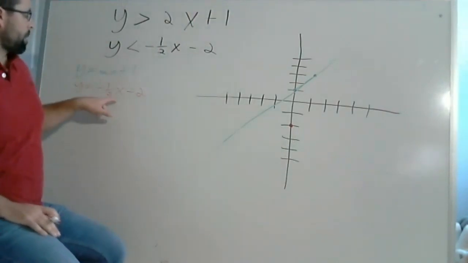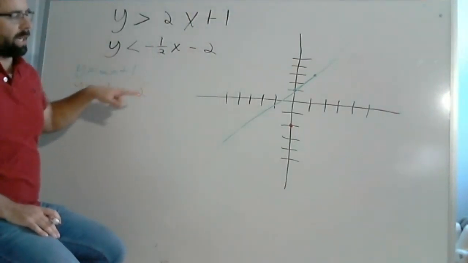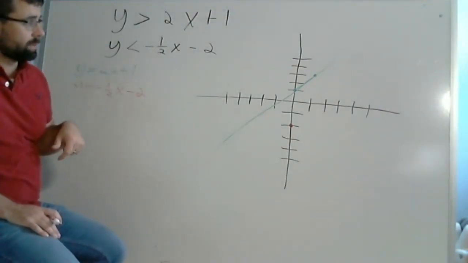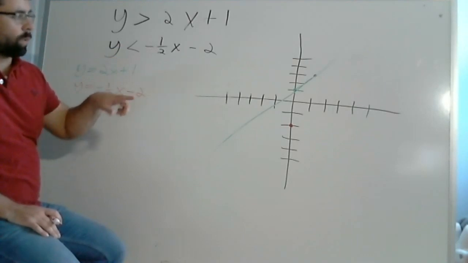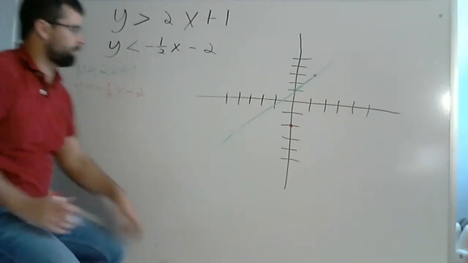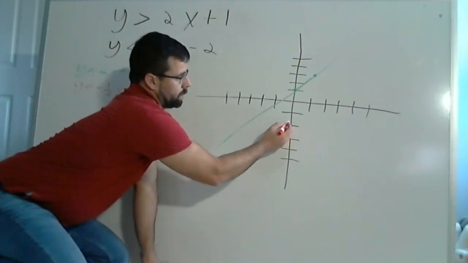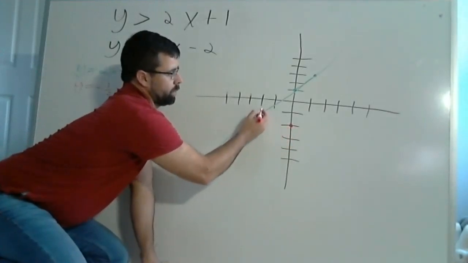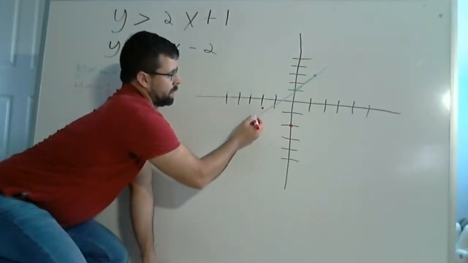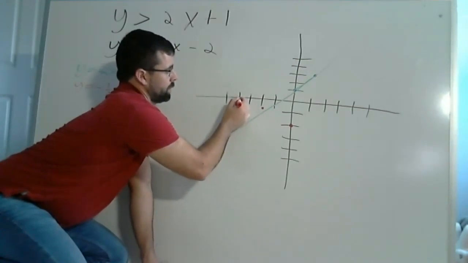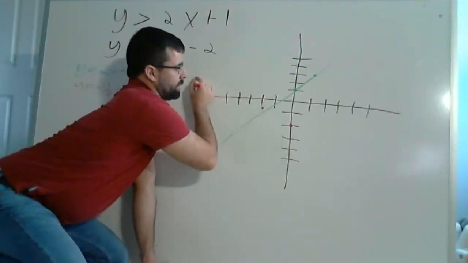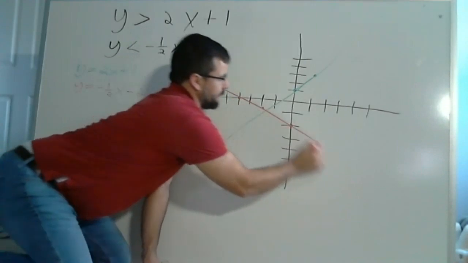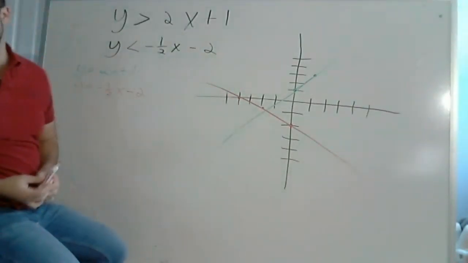And for every 1 we go to the right, we have to go down 1/2. So every 1 we go to the left, we go up 1/2. So we can go to the left 2 and up 1, 2 more and up 1. This line looks something like that.